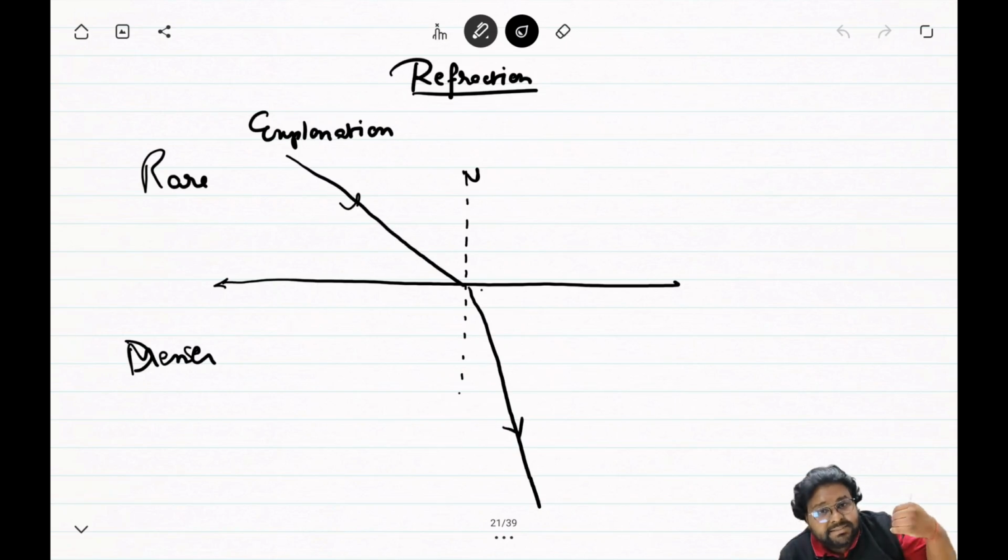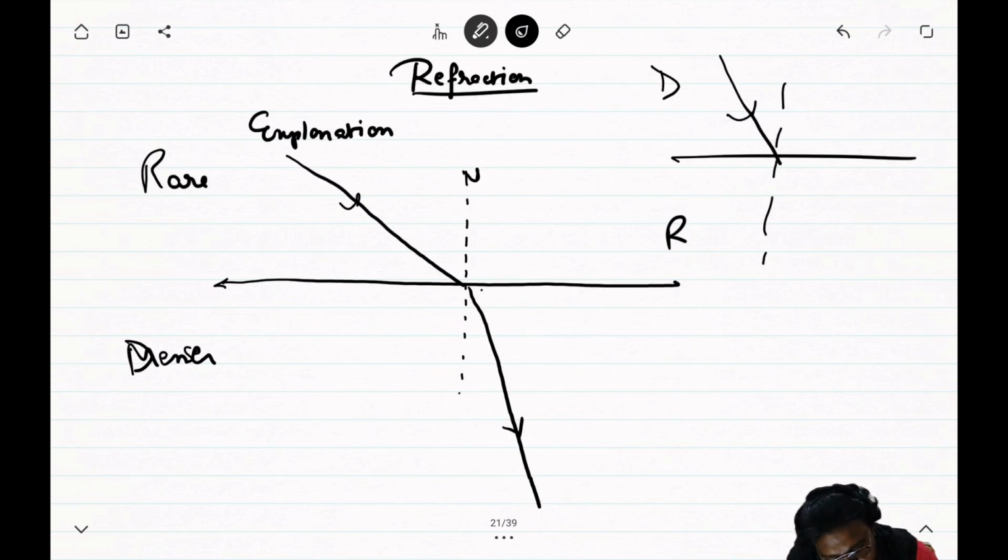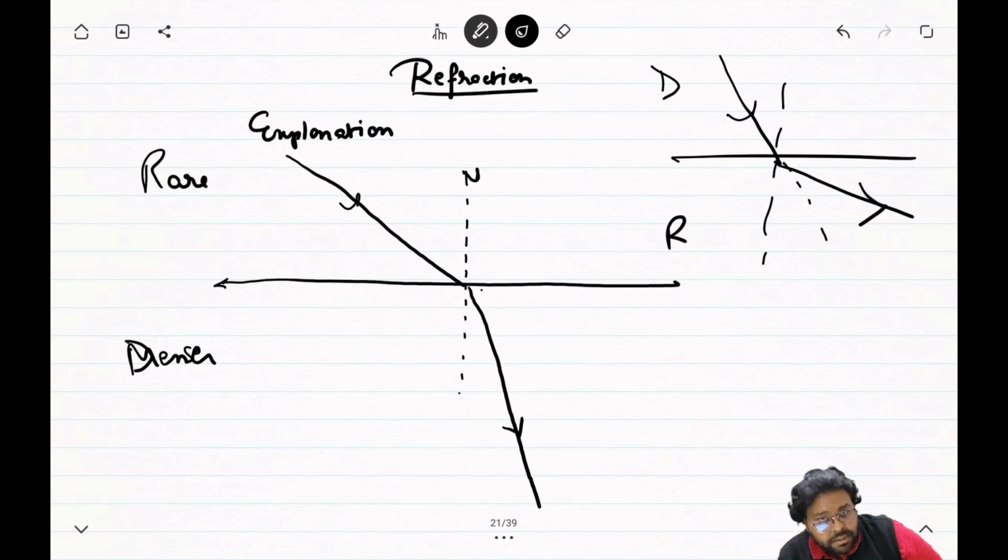That means wavelength gets affected, and hence the light moves either towards the normal or away from the normal. Light coming from a rare medium to a denser medium moves towards the normal. From a denser medium to a rare medium, it will move away from the normal. Suppose this is a denser medium, this is a rare medium. If light is like this, instead of going like this, it will move away from the normal. So that is the concept of refraction.